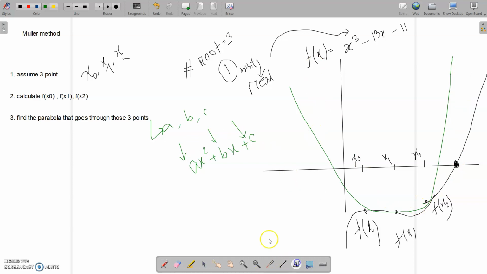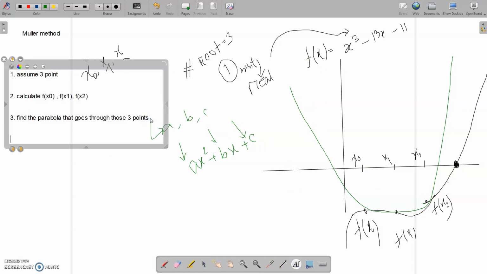In the next step, number 4, I calculate the roots of the parabola.